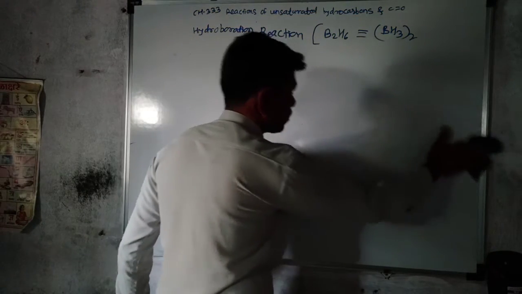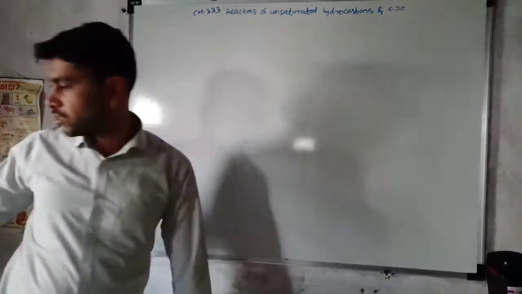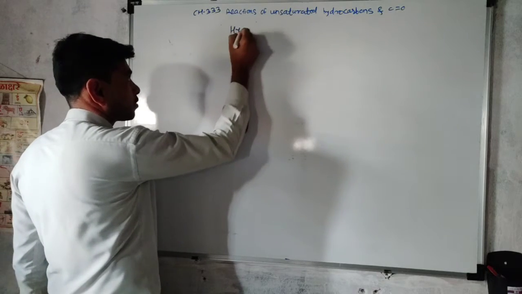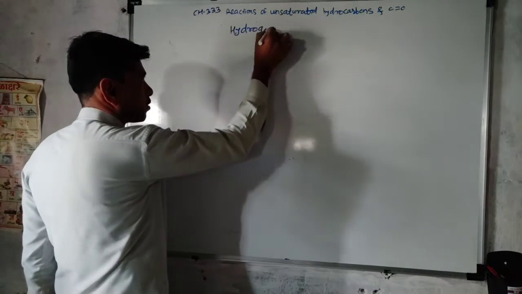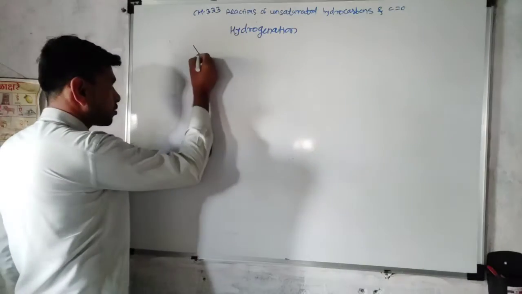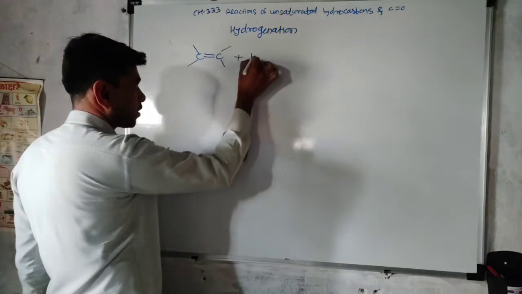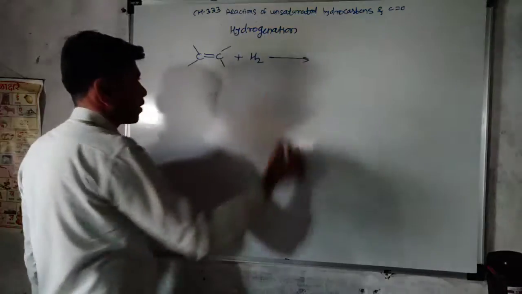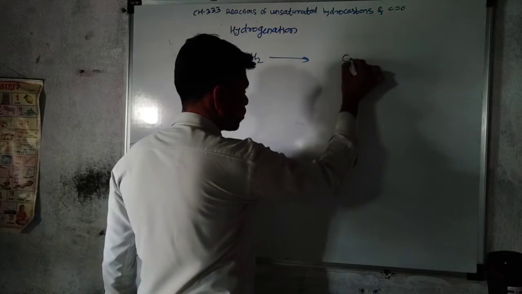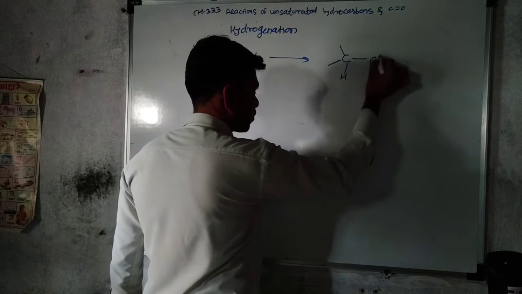So we saw hydroxylation as well as the hydroboration reaction. The next important addition reaction of organic chemistry is hydrogenation. Hydrogenation is the simple reaction where hydrogen is added to the carbon double bond to obtain alkane.